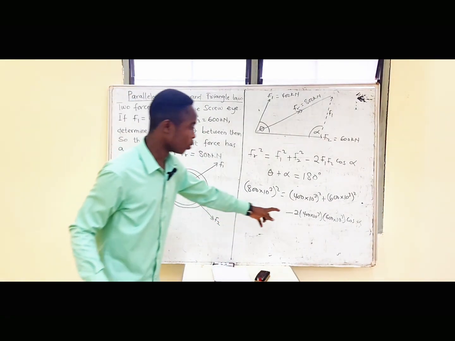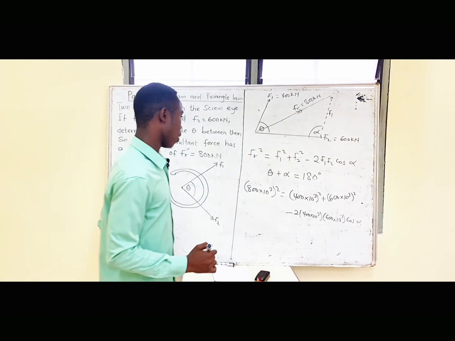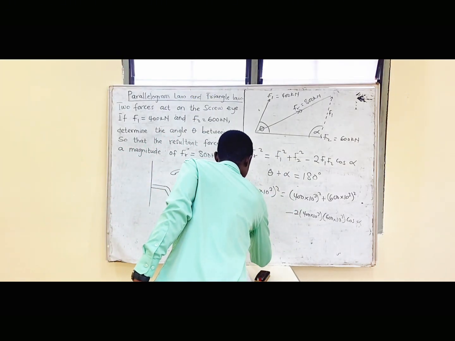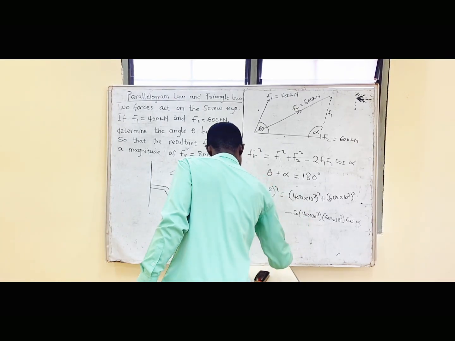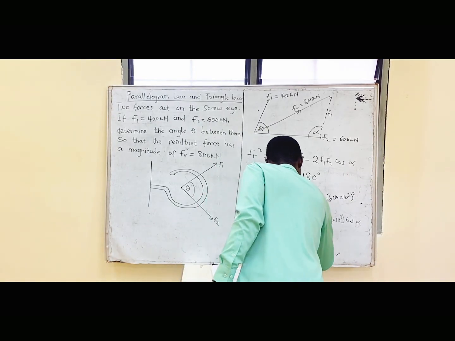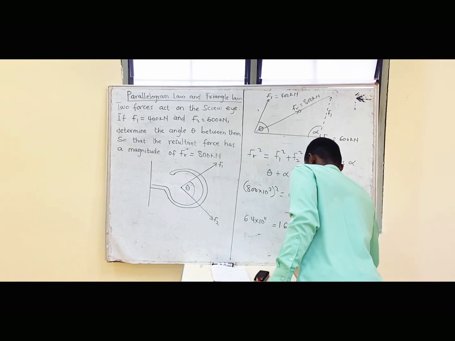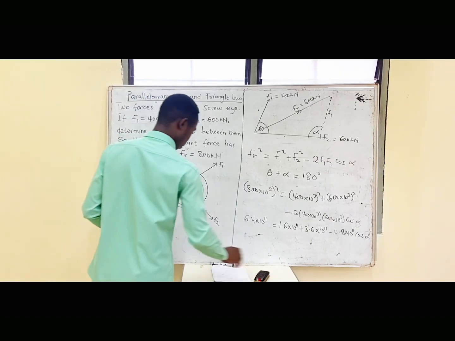Now I am just doing substitution, so don't be confused. We are just substituting the values into our equation. Now 800 times 10 to the power 3 squared will give us 6.4 times 10 to the power 11. Then here we have 1.6 times 10 to the power 11, plus 3.6 times 10 to the power 11, minus 4.8 times 10 to the power 11 cos alpha.